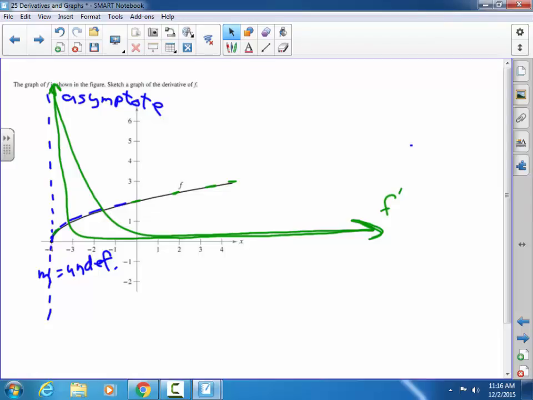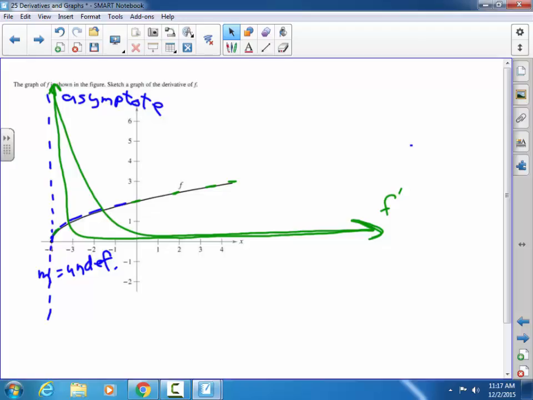Can anybody conjecture what the second derivative might look like? The second derivative is talking about the derivative of the green line. So what can you tell me about the derivative of the green line? Yeah, and in either case, we can't draw it exact, because in either case, it's not getting flat here.